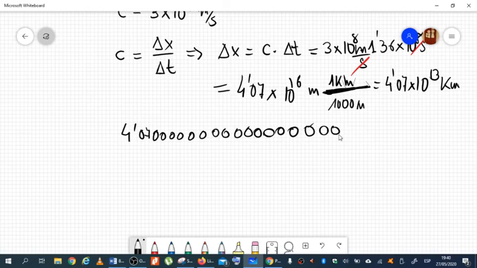So it is impossible. You have to use scientific notation. So it is 13: 1, 2, 3, 4, 5, 6, 7, 8, 9, 10, 11, 12, 13, until here.